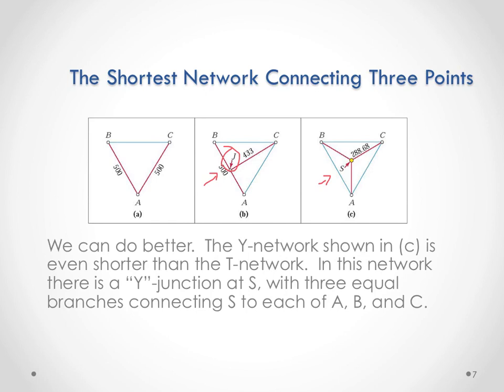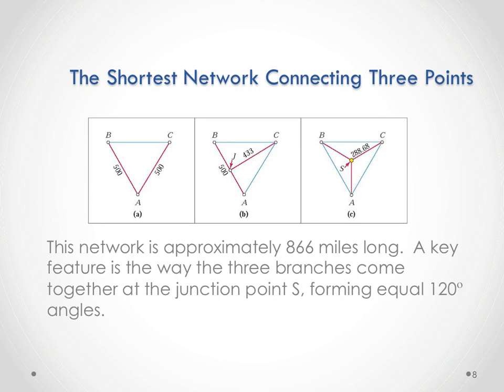And if we connect the cities to the center point, notice that the number is a lot smaller per link, 288.68 miles. So if that's 288.68, this is 288.68, this is 288.68, you would get approximately 866 miles. So C, because we can leave the graph, C represents really the cheapest, most optimal tree that we can create.